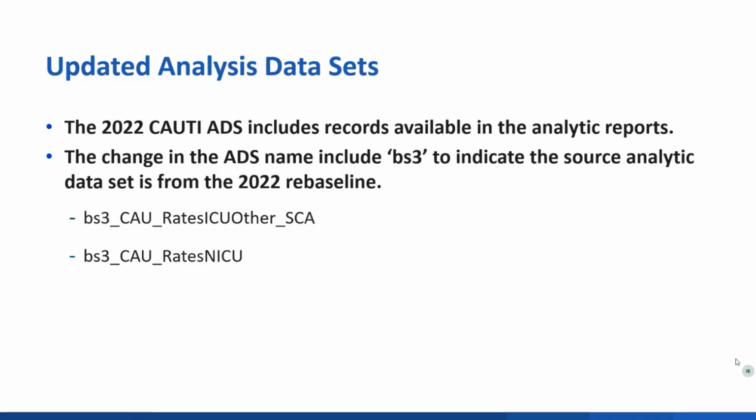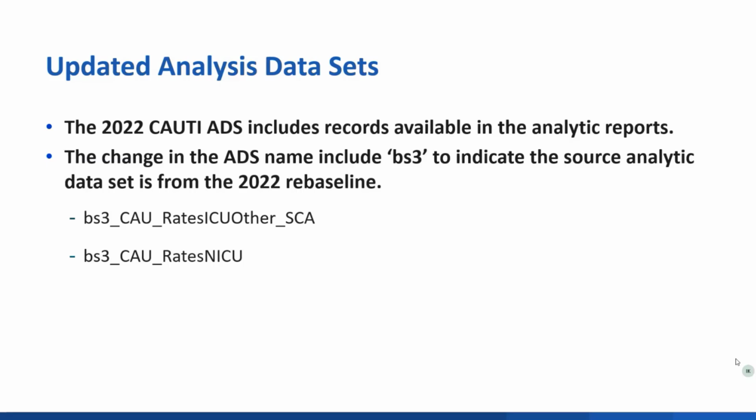The 2022 CAUTI Analysis Dataset, or ADS, includes records that are now available in the updated analytic reports. These updated files provide more complete and accurate data based on this new baseline period. You'll also notice that the naming convention for the files has changed. The prefix BS3 has been added to indicate that the data comes from the 2022 baseline.